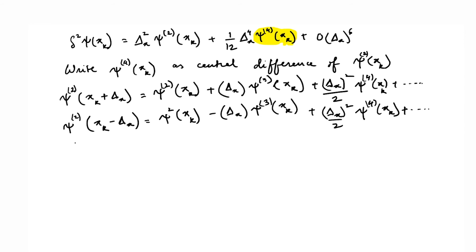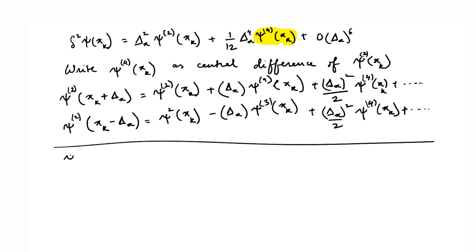Now, if we add these two equations, what we will get is psi 2 at x_k plus delta x plus psi 2 at x_k minus delta x equals twice psi 2 x_k.